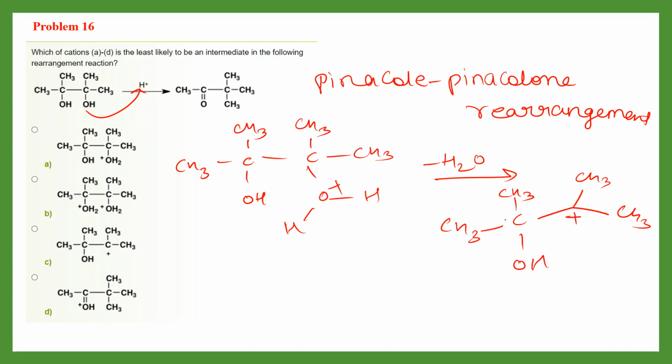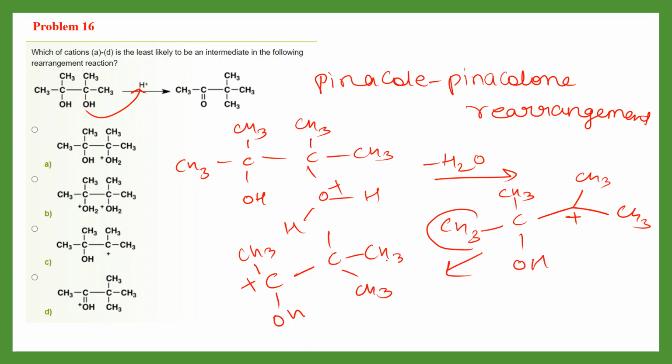Correct or not? Now one of the methyl group will migrate as CH3 negative, and positive charge will come here, migrate to nearby carbon. Can anyone tell me why this methyl group has been migrated?